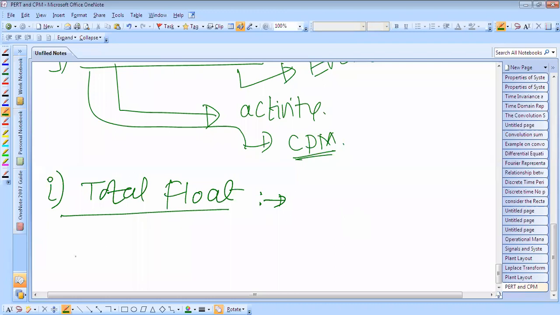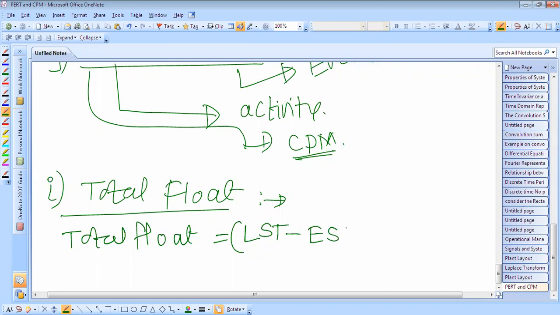Therefore, total float of the activity is equal to latest start time minus the earliest start time, or the latest finish time minus the earliest finish time, and it can be negative also.